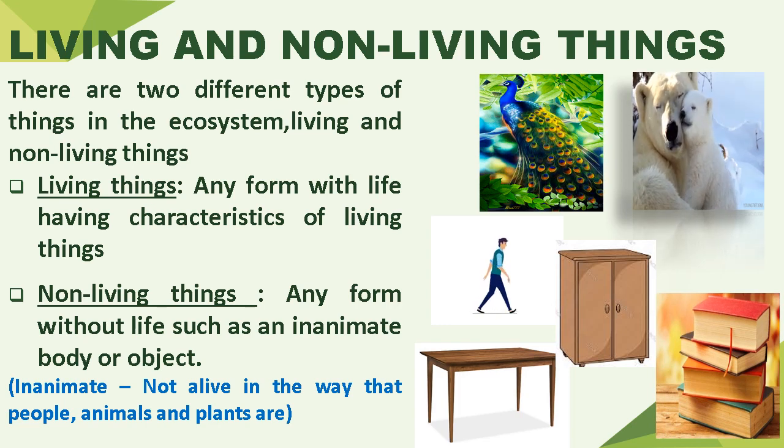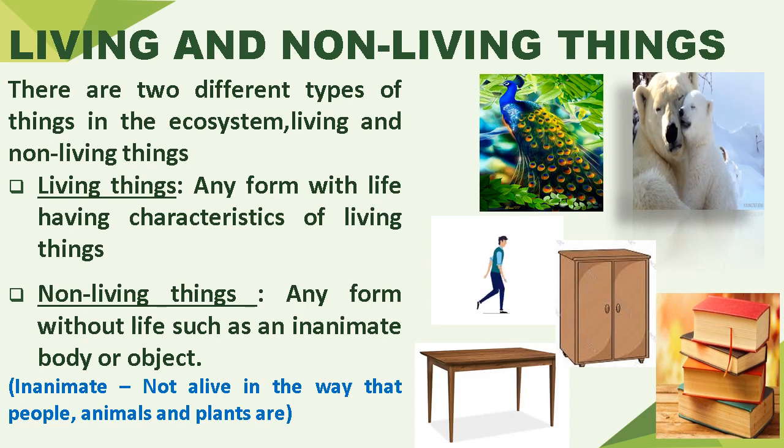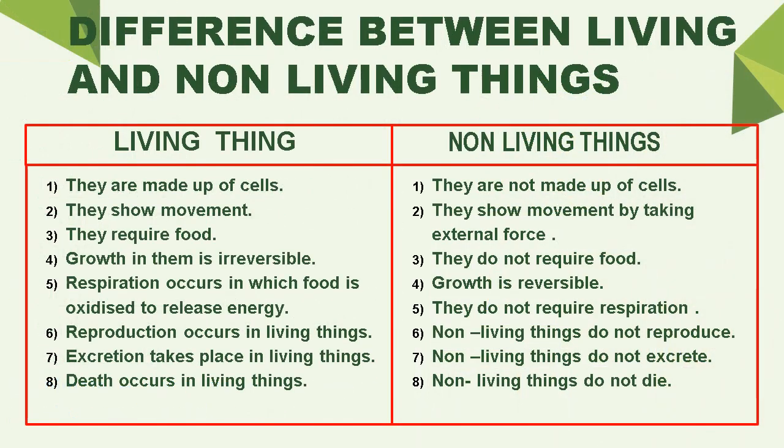Some of the examples of non-living things are table, cupboard, chair, books, etc. Everything that surrounds us is either living or non-living, and the only characteristic that bifurcates the two is life.